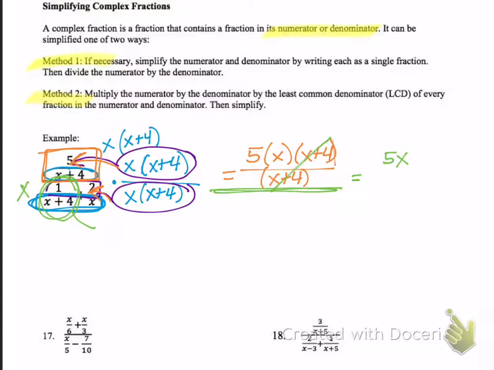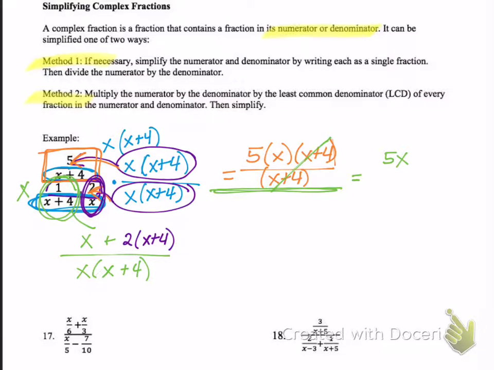So I have x, and I'm keeping this as the denominator. So 1x plus, what does this 2 over x need to be multiplied by to get x plus 4? So 2 times x plus 4.